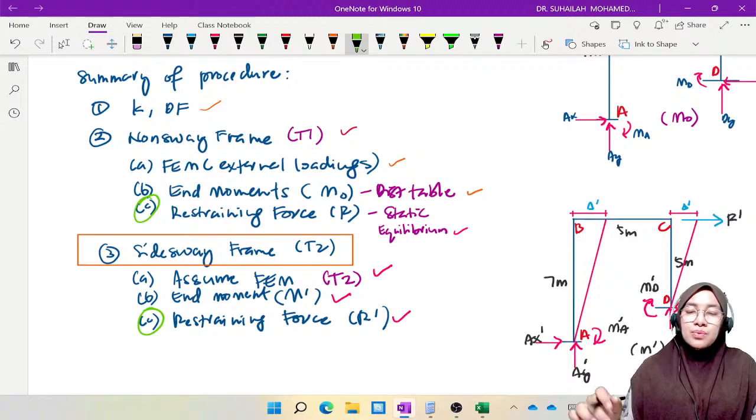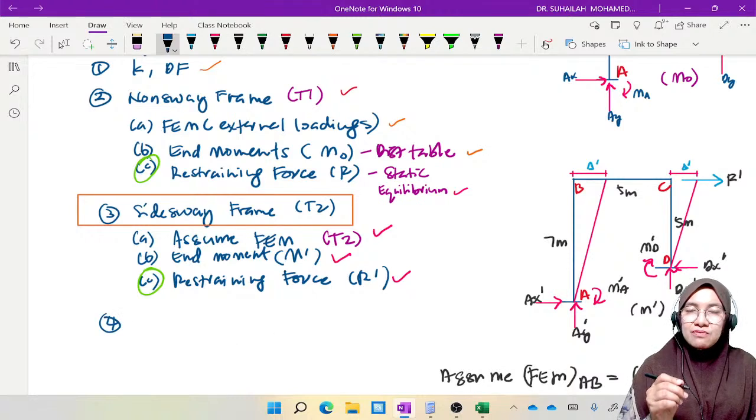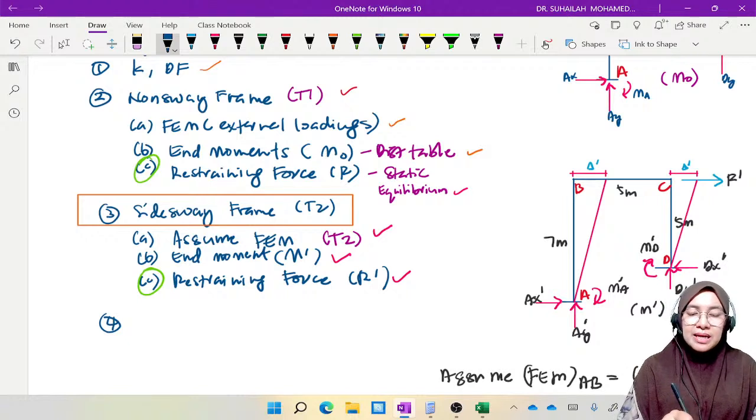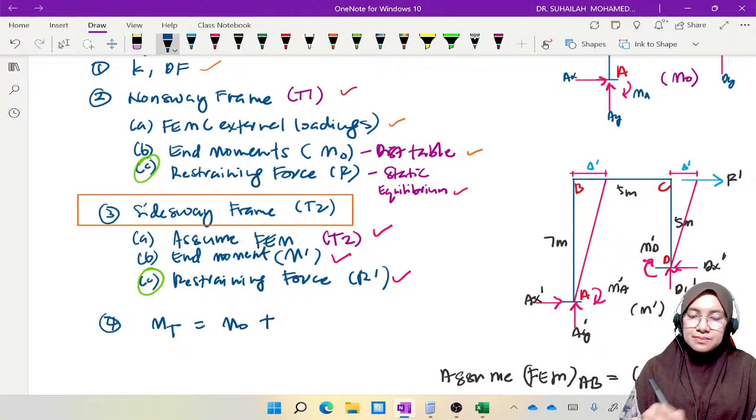Now we have to move to step number 4. Step number 4 is actually the final formula, which we derive from the principle of superposition. It is M total, which is equal to M naught plus the correction factor R divided by R prime, times M prime.